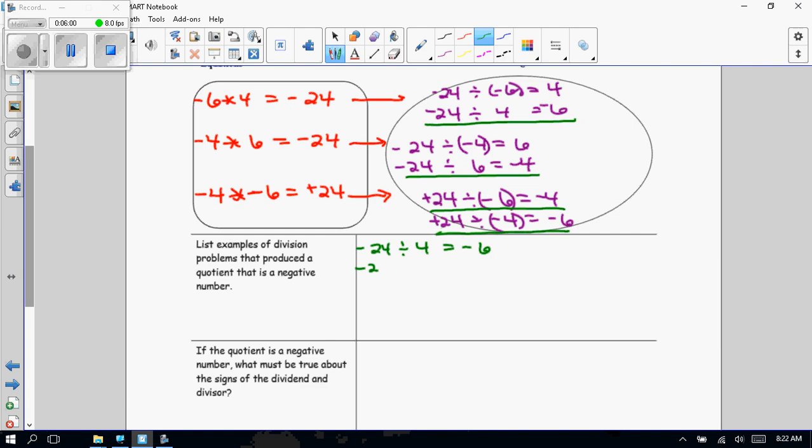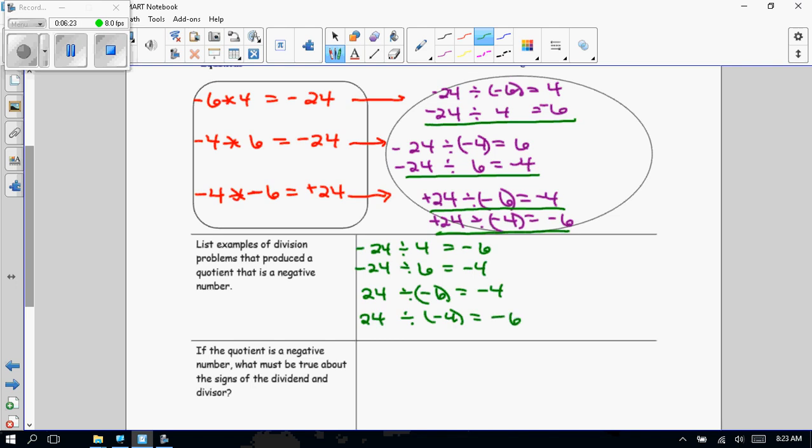And a negative 24 divided by a positive 6 gave me a negative 4. And then I had positive 24 divided by negative 6 gives me a negative 4 answer. And then lastly, 24 divided by negative 4 gave me a negative 6 answer.